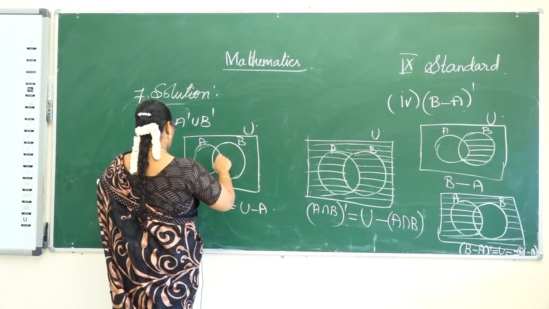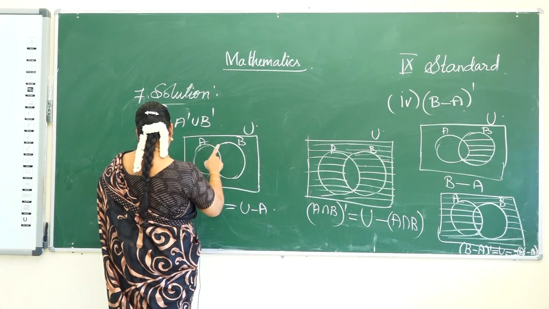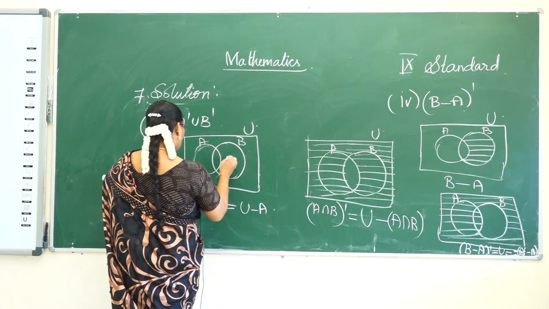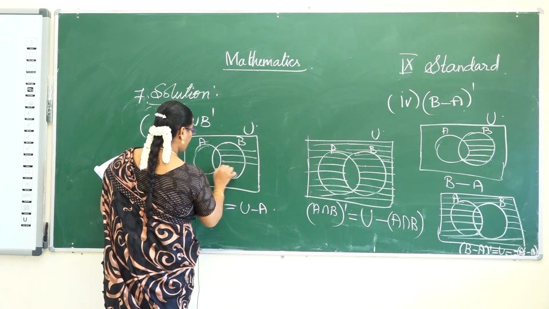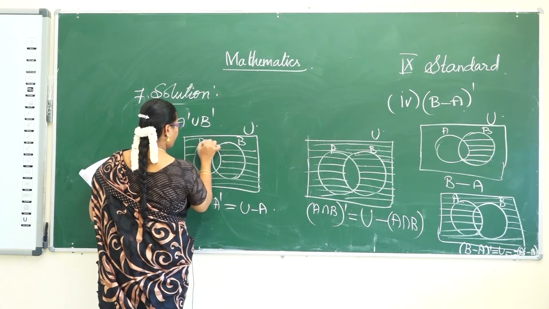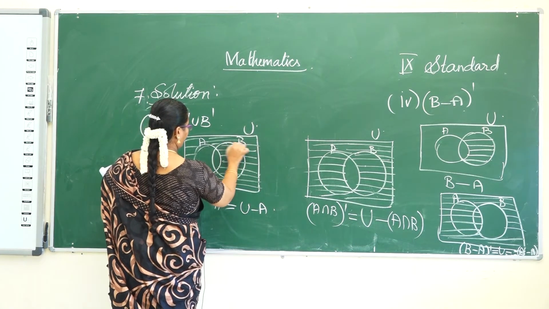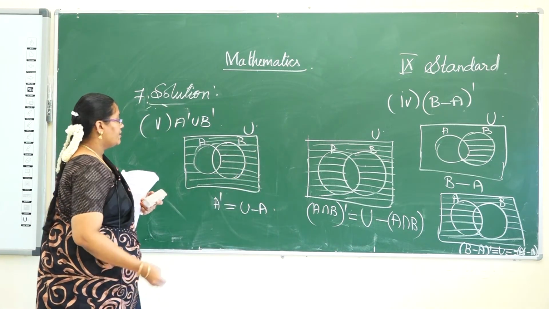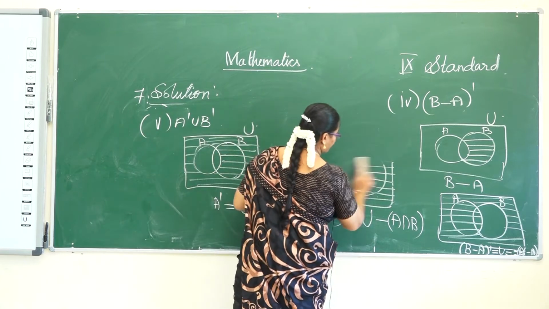So it contains everything except the elements of A. So except A. Okay, A dash. And next one, B dash.